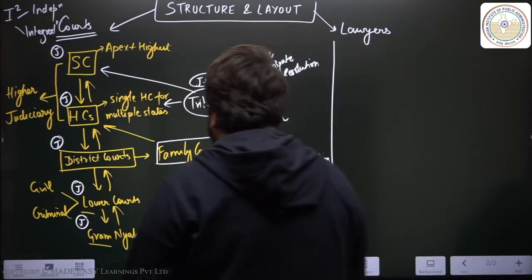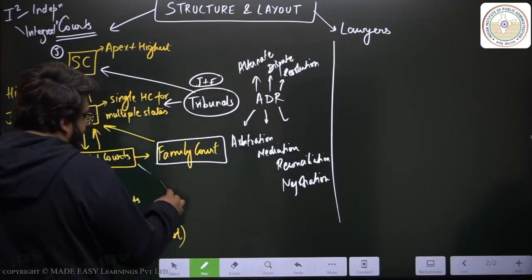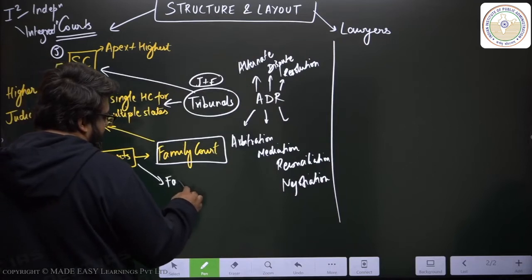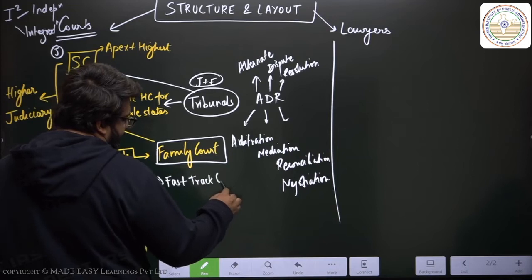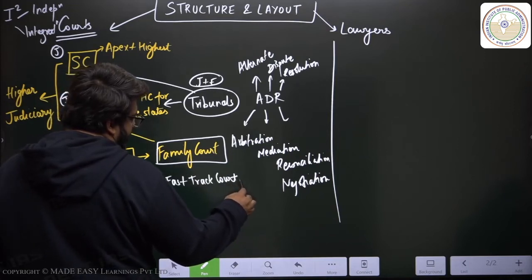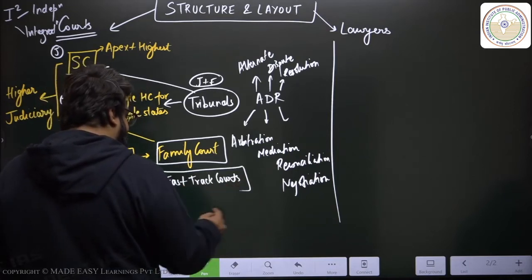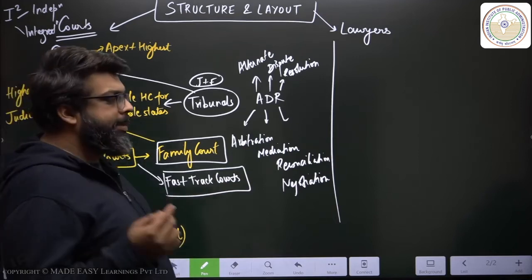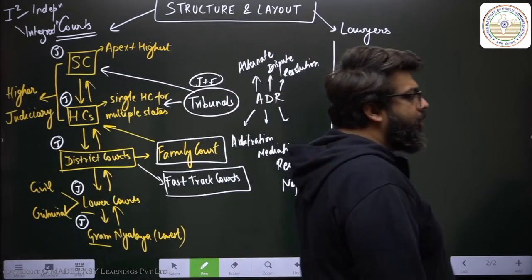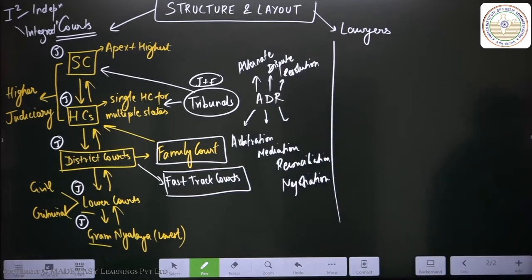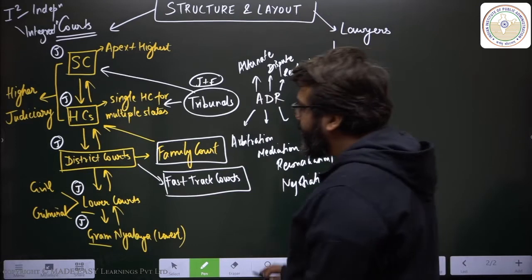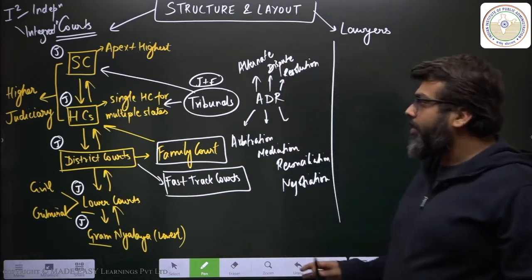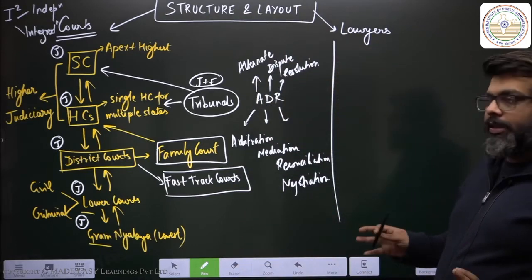So nowadays we also have parallelly fast track courts, FTCs. We've usually looked to set them up for corruption cases or serious cases against women and so on and so forth. But this is broadly the structure of the judicial system in the country.